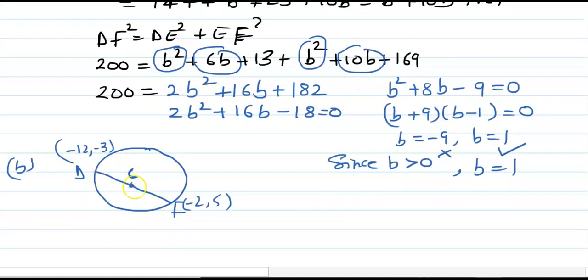So we have got DF is diameter and C is the center, that will be the midpoint. So we can find the midpoint here.